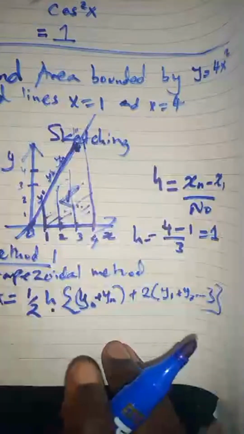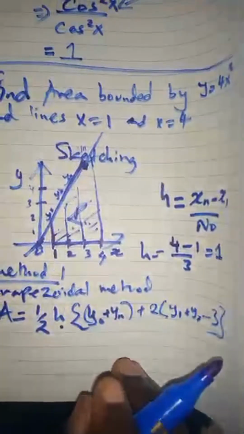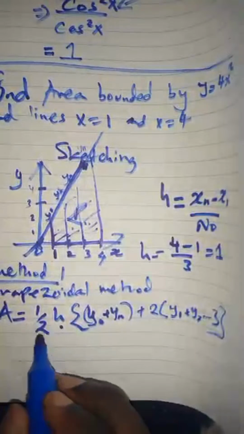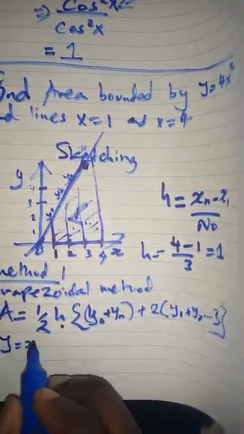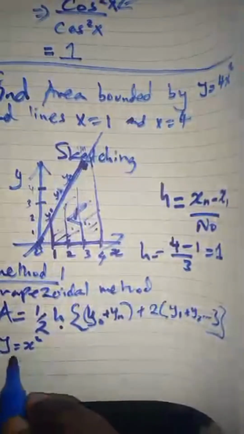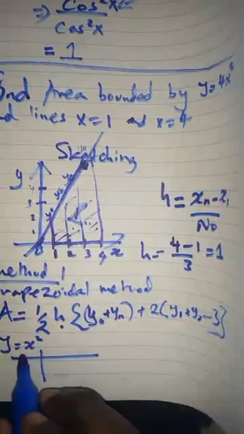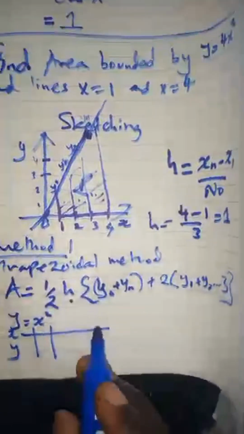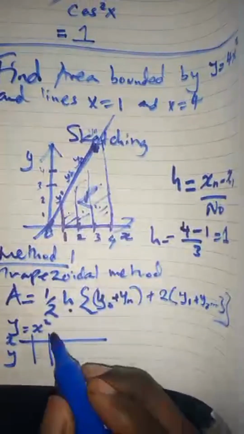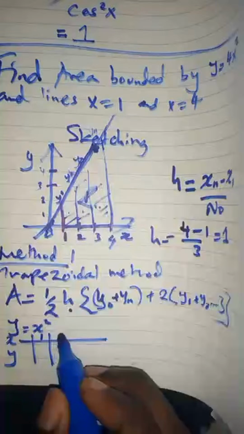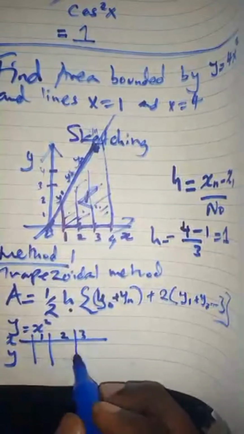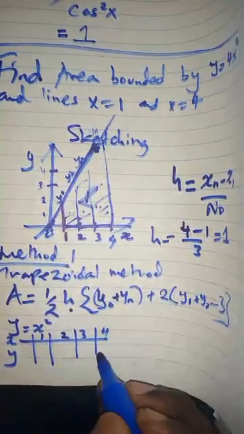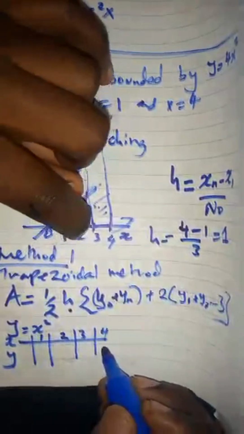So what do I need to do in order to get the value of y? I'll use my equation y is equal to 4x squared and try finding the values of y. So if x is 1, x is 2, x is 3, x is 4, these are the values of x.